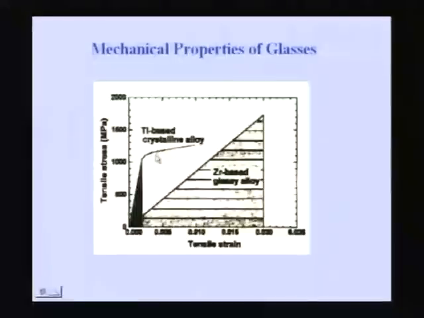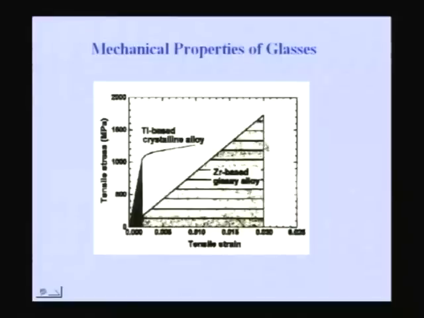Look at another property, the resilience, which is nothing but the area under the elastic limit. The titanium based crystalline alloy has some ductility, but under the elastic domain its resilience is very small.